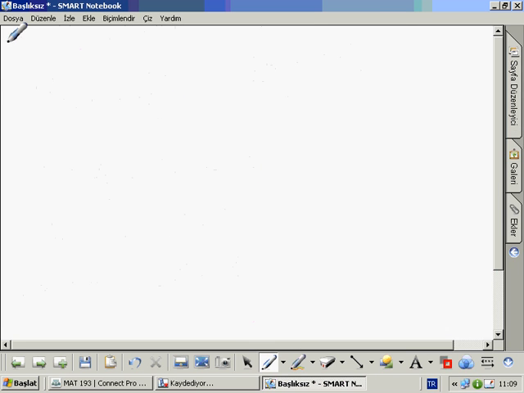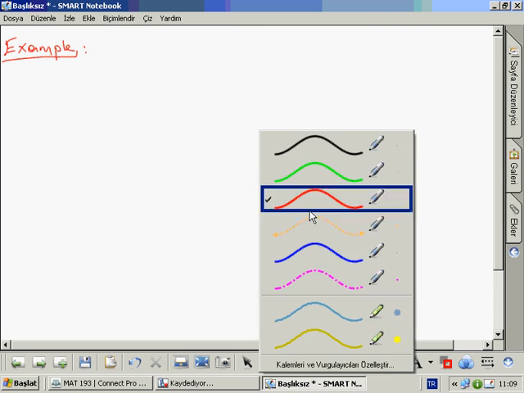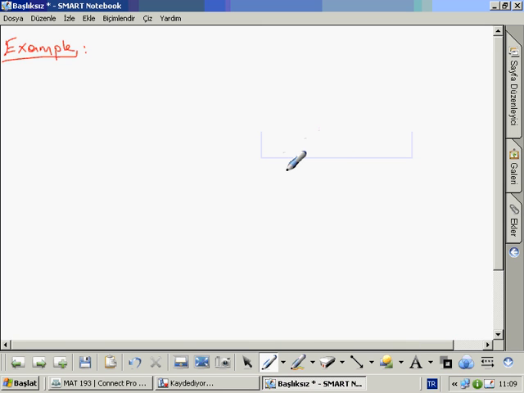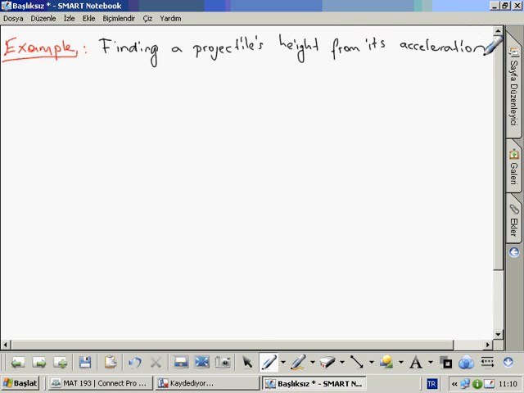Example: finding a projectile's height from its acceleration, initial velocity and initial position.